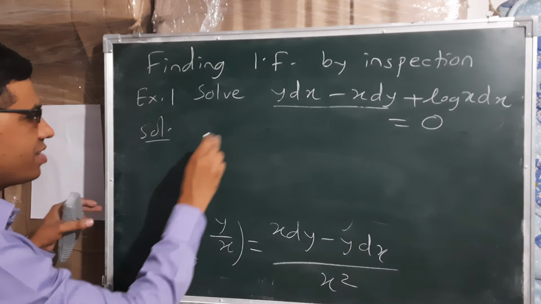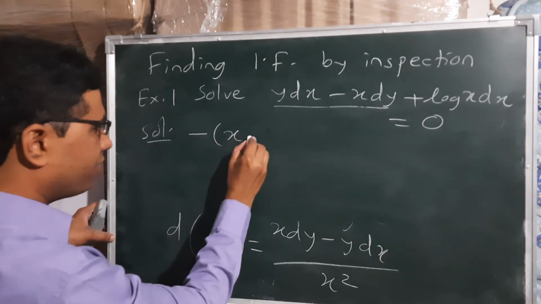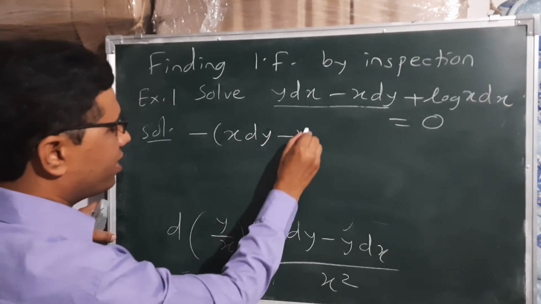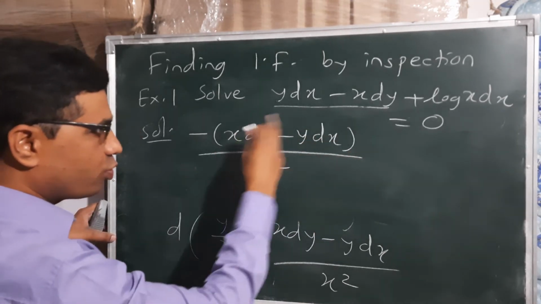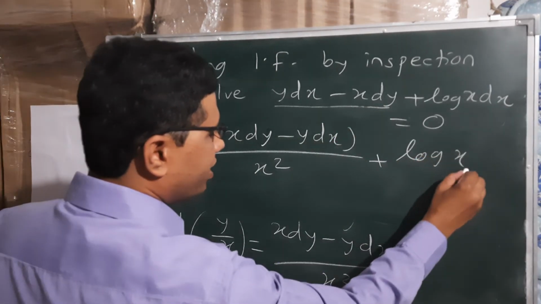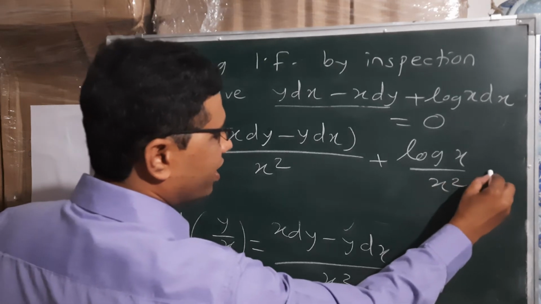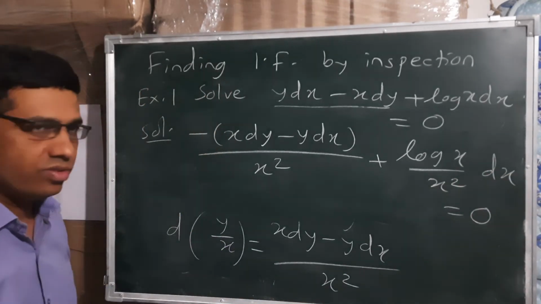So we write this as minus (x dy minus y dx), we divide by x square throughout, plus log of x by x square dx equal to 0.